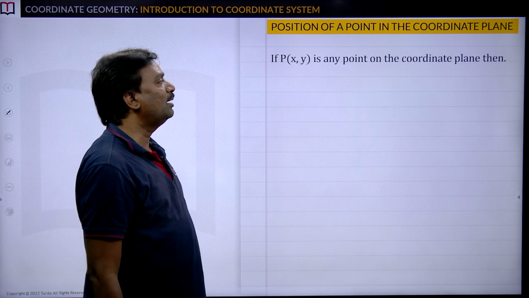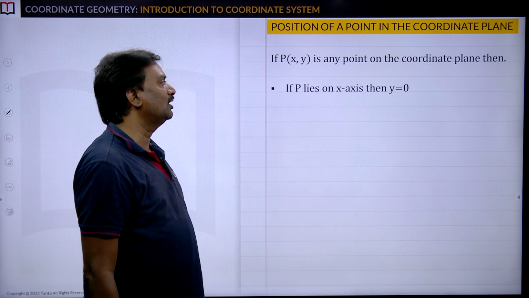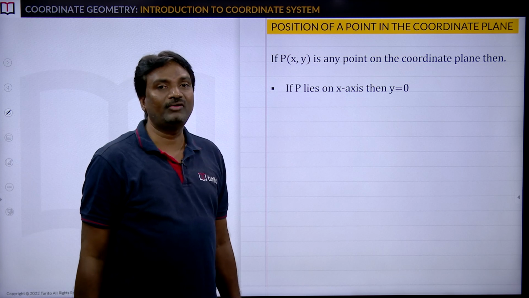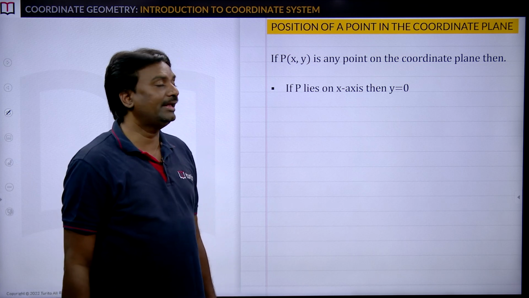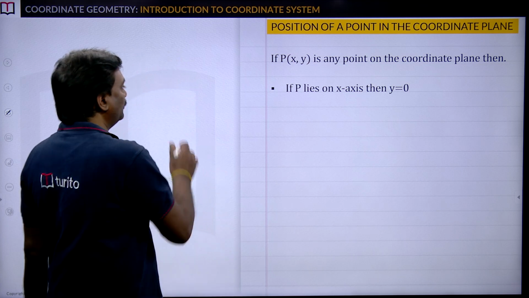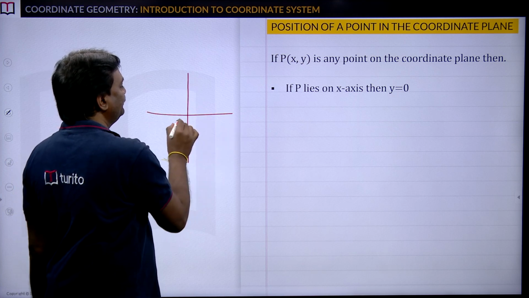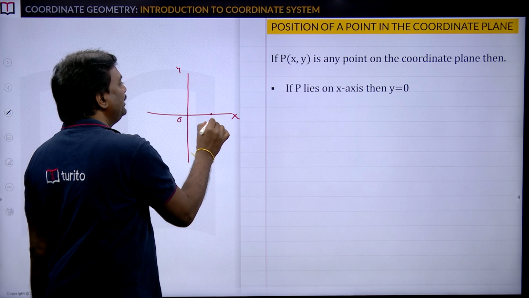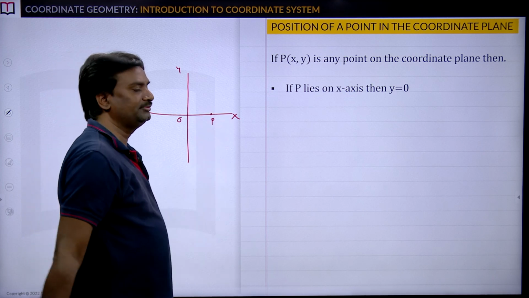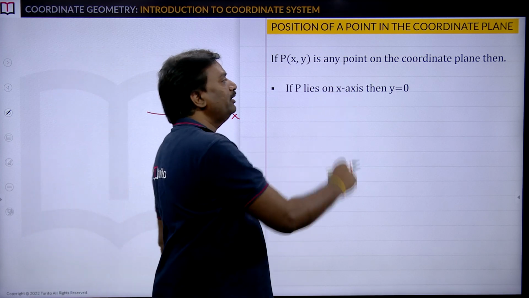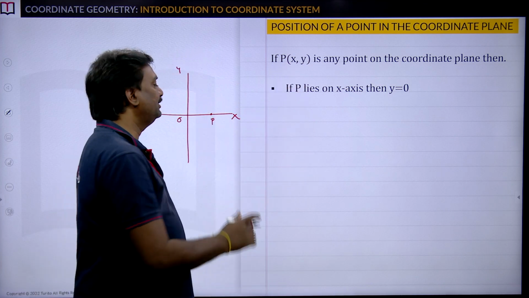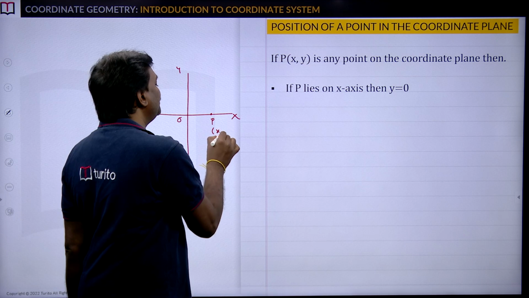If P(x, y) is any point on the coordinate plane, then P lies on the x axis when y equals 0, and P lies on the y axis when x equals 0. For example, take the origin, x axis, y axis, and P a point on the x axis. Here I am taking the y coordinate equal to 0, so you can take the point P on the x axis as (x, 0).